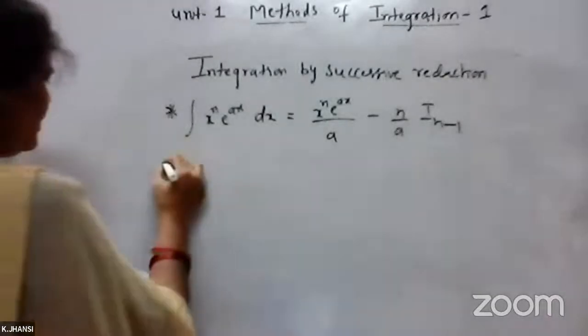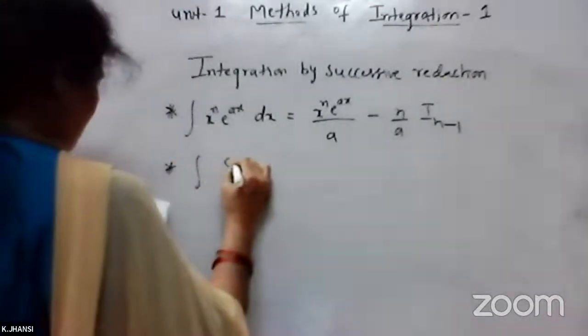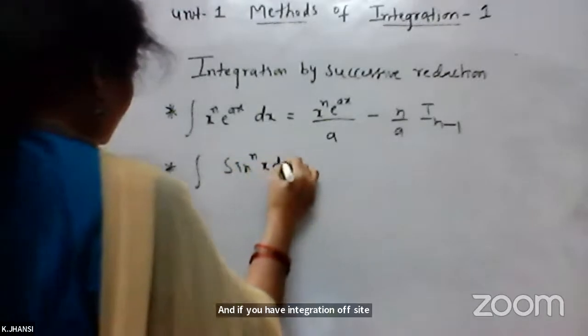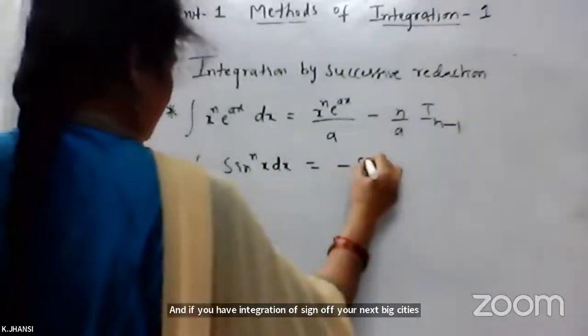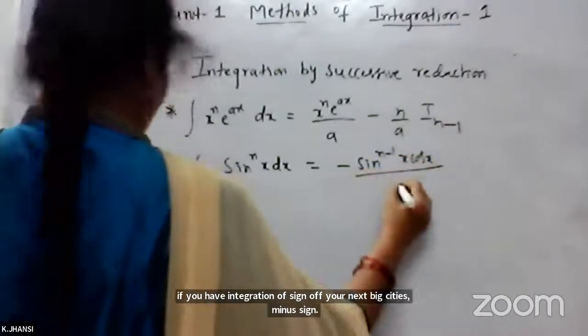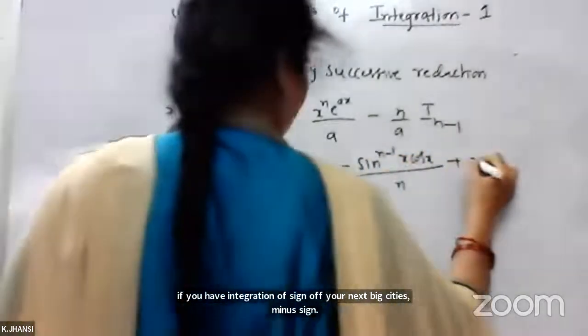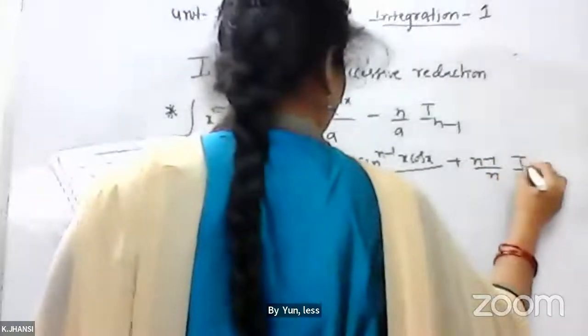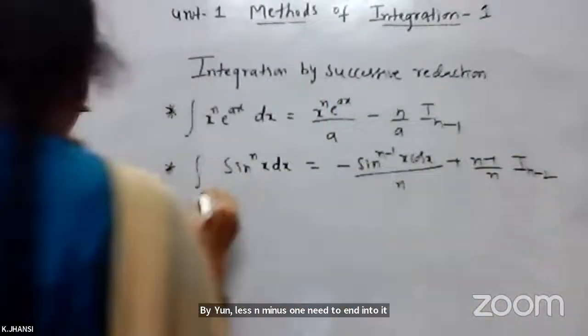And if you have integration of sine to the power of n x dx, it is minus sine by n plus n minus 1 into n into I minus 2.